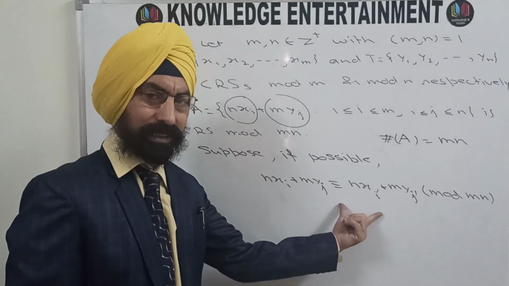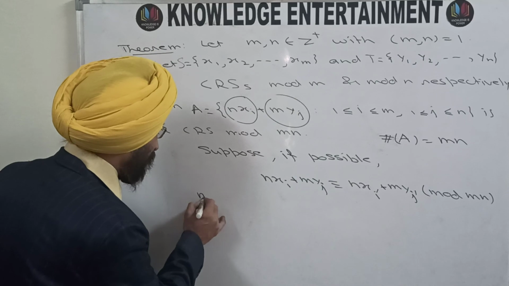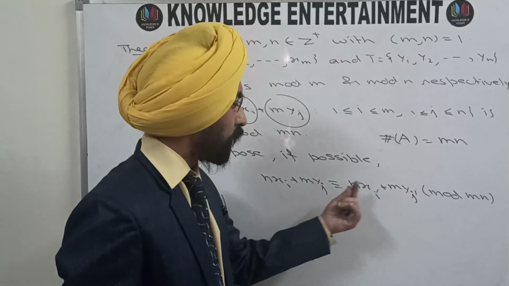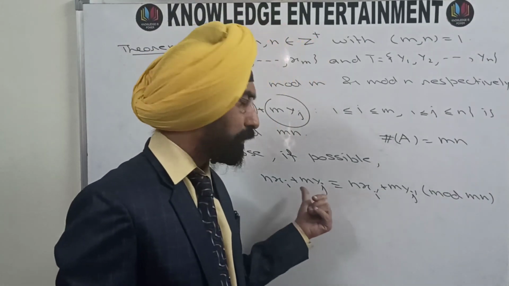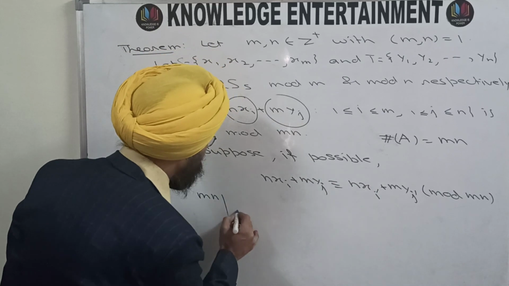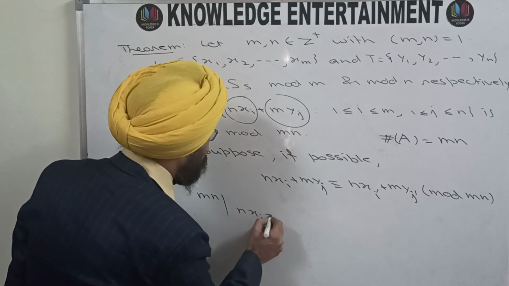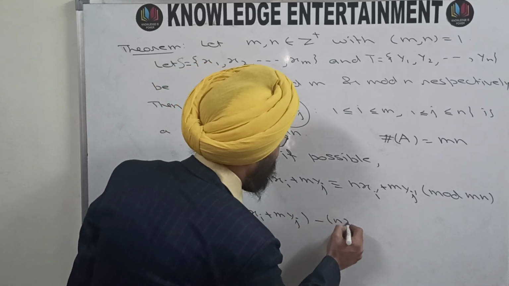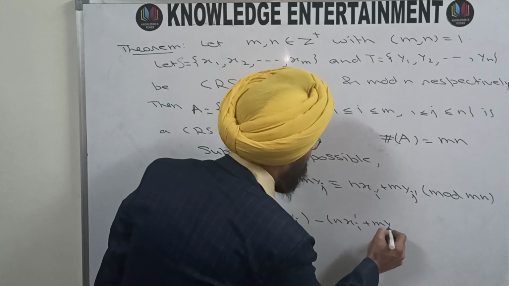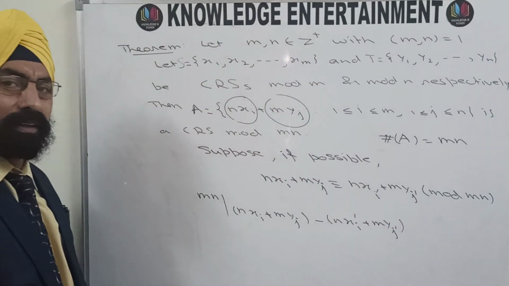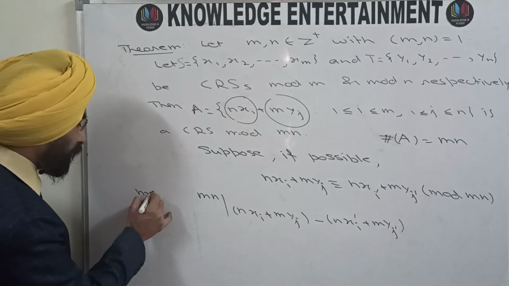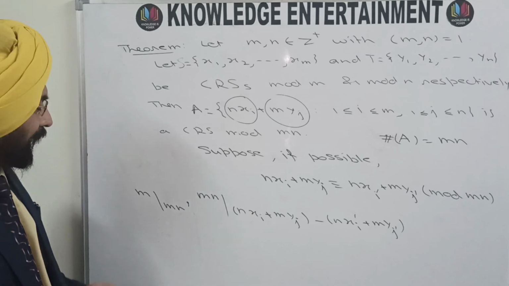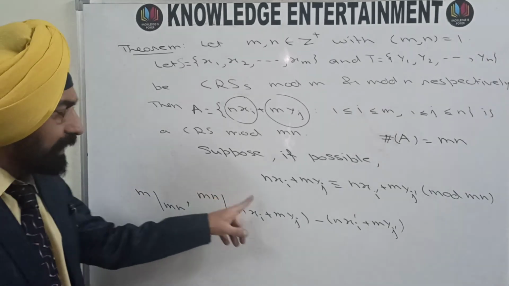Look at this. You can write that if a is congruent to b modulo c, or a is congruent to b modulo m, that means m divides a minus b. So a minus b is n xi plus m yj minus n xi dash plus m yj dash. Also, we know that m divides mn without any doubt. mn is a multiple of m. m divides mn and mn divides this number.